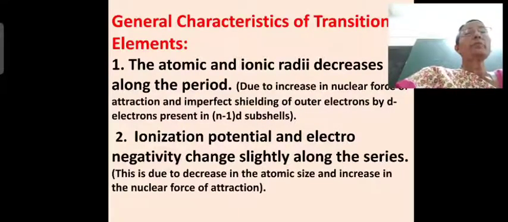When electrons are added to the same shell, the force of attraction between the nucleus and the outermost electrons increases, correct? Force of attraction increases means the outermost electrons are strongly held by the nucleus, right? Therefore, there will be a slight shrinking in the size of the atomic radii, or in other words, ionic radii.